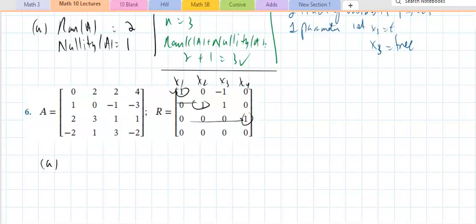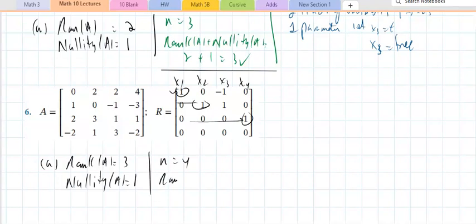So the rank of A would be 3, and the nullity of A would be 1. They must add up to the number of variables, which is 4. And if I take the rank and add the nullity to that, that should equal 3 plus 1, which is the 4.